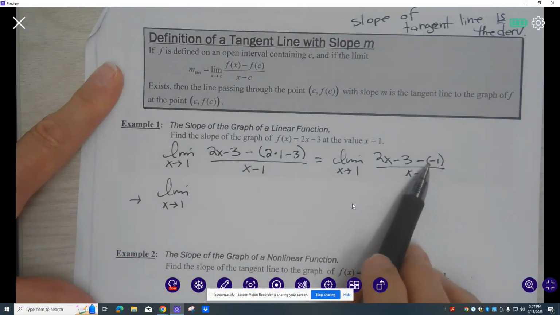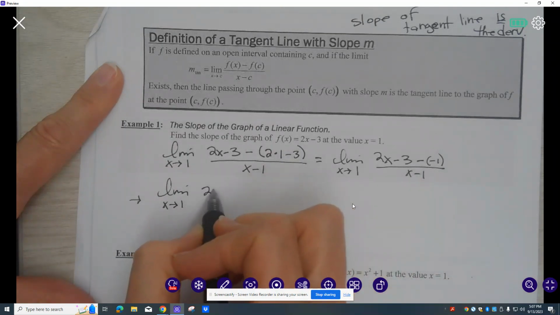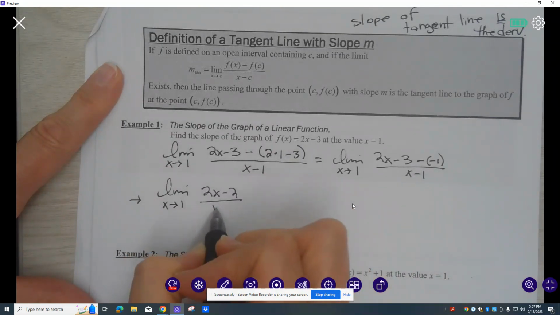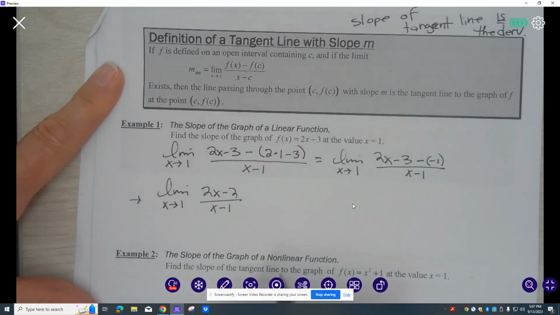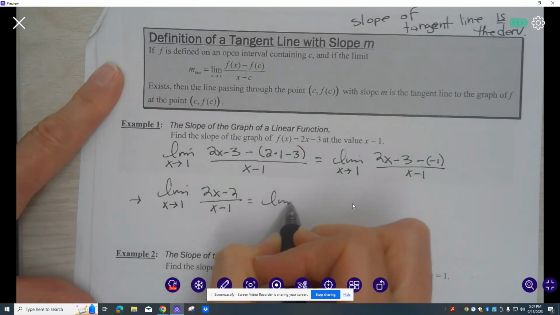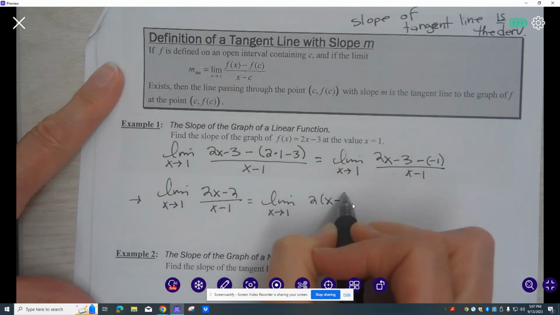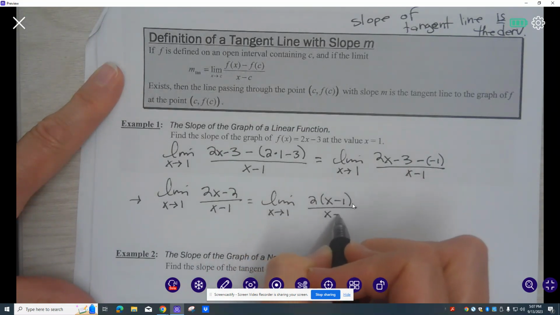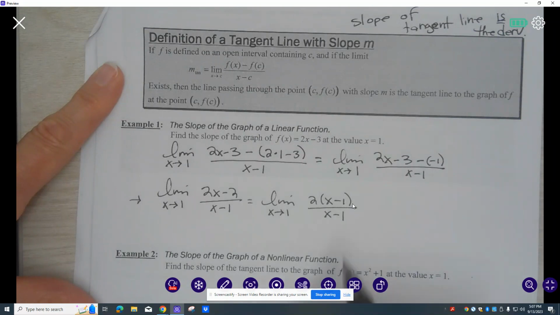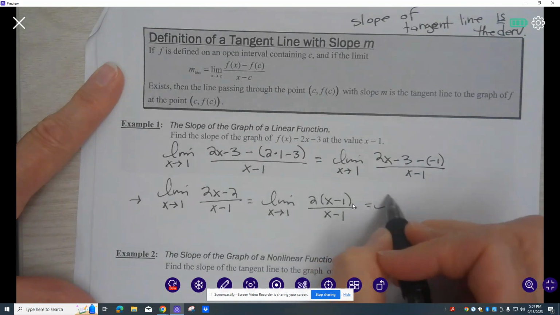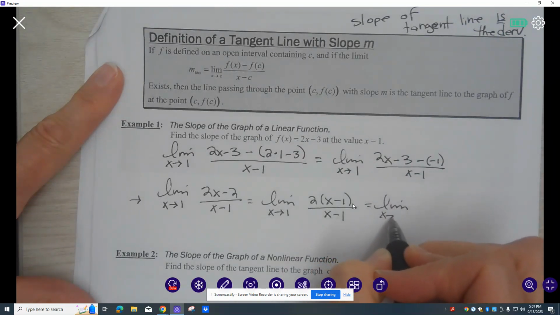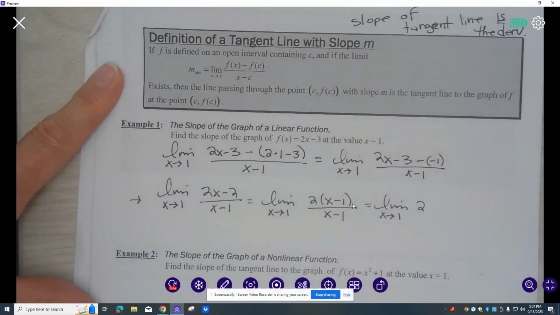This is plus, so that would be 2x minus 2, all over x minus 1. Your numerator can be factored. Limit as x approaches 1 of 2 times x minus 1. X minus 1 and x minus 1 divide to give you 1. So I'm left with the limit as x approaches 1 of 2.